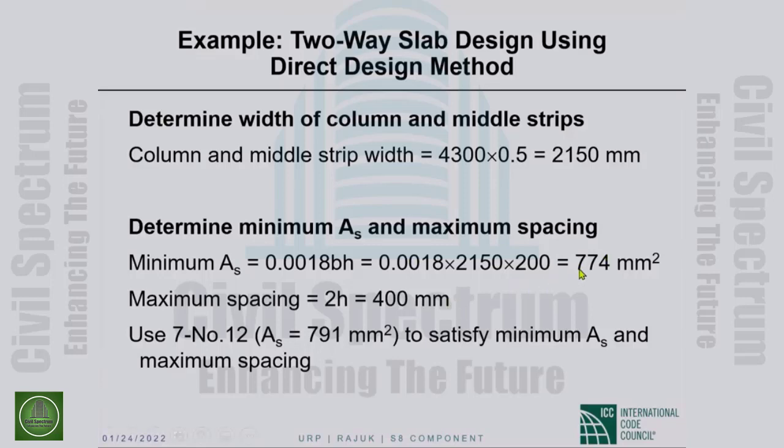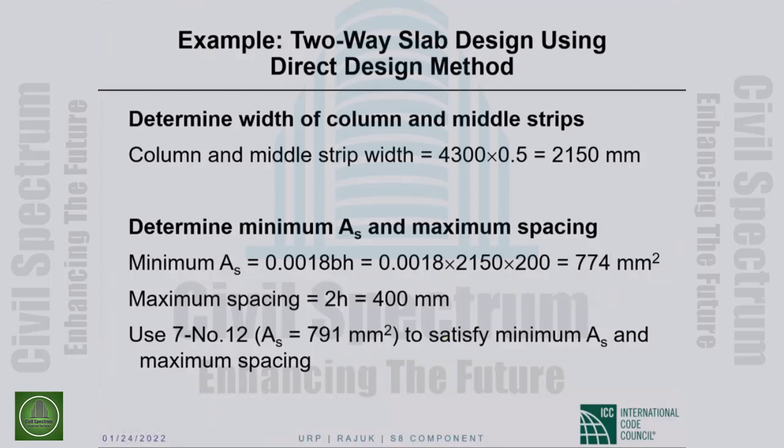Flexural reinforcement cannot be any less than 0.18% of the gross section, which is 774 square millimeters. Maximum spacing cannot exceed twice the thickness of the slab, which is 400 millimeters. So if we use 7 number 12 bars, A sub S would be 791 square millimeters, and that is barely above the 774.